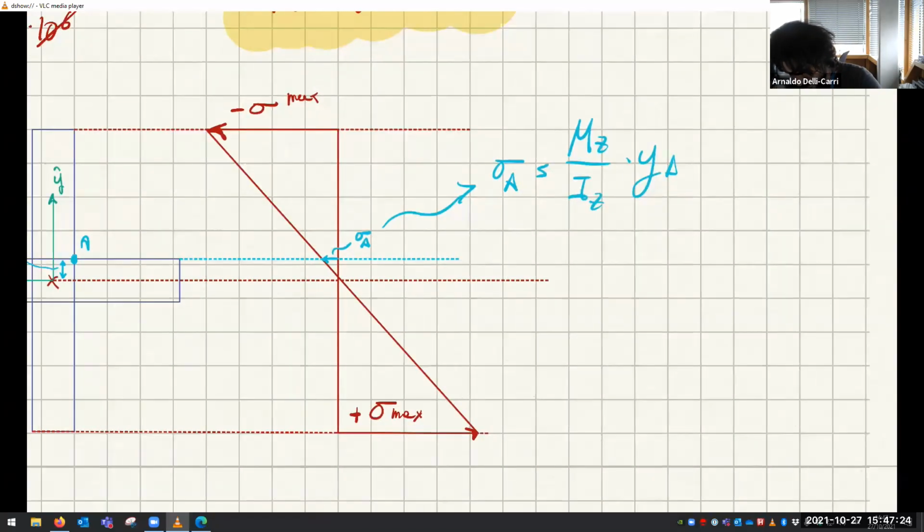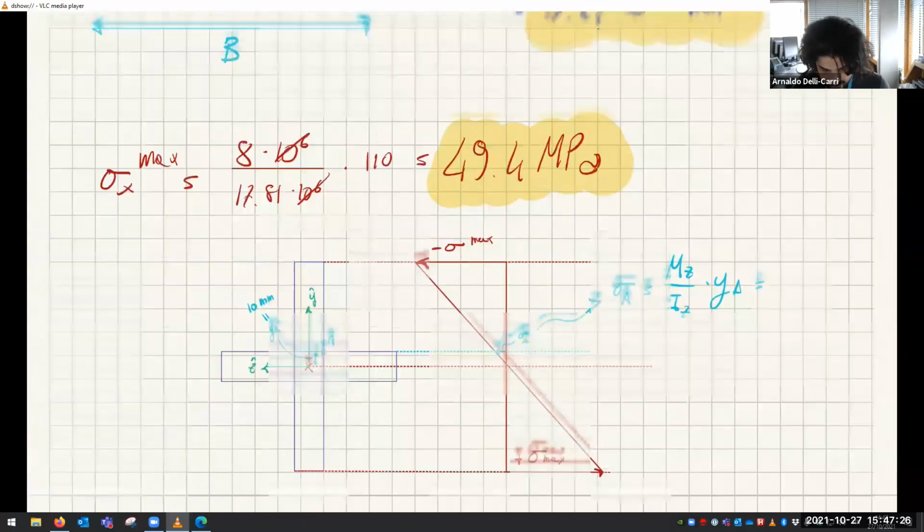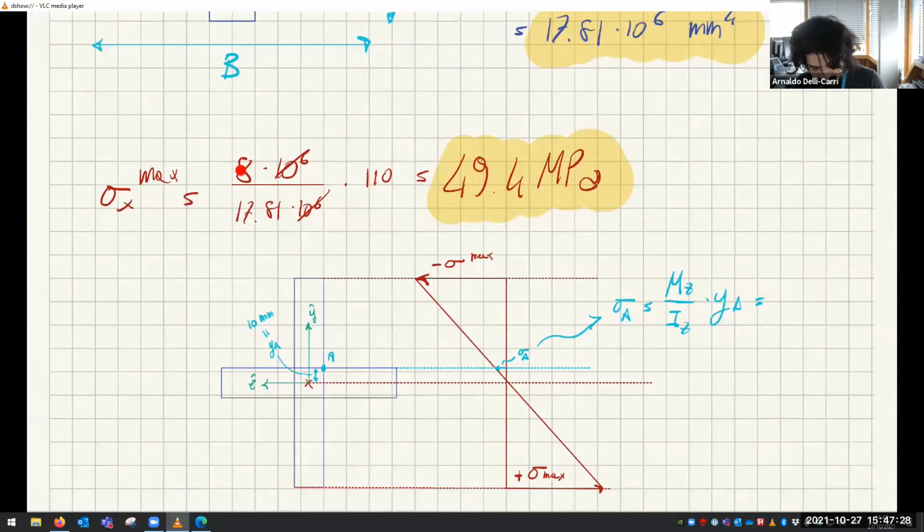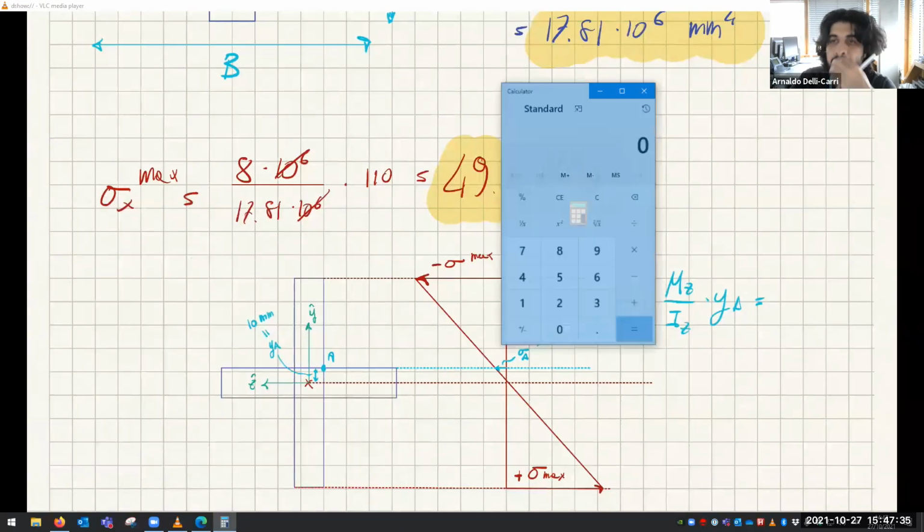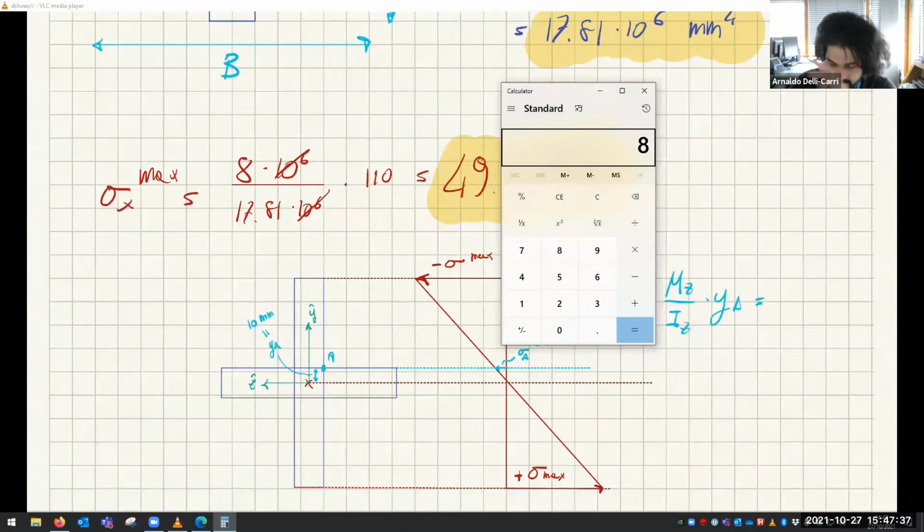This number is just 8 divided by 17.81 times 10. So let me use the calculator again. 8 divided by 17.81 times 10, 4.49 megapascals.